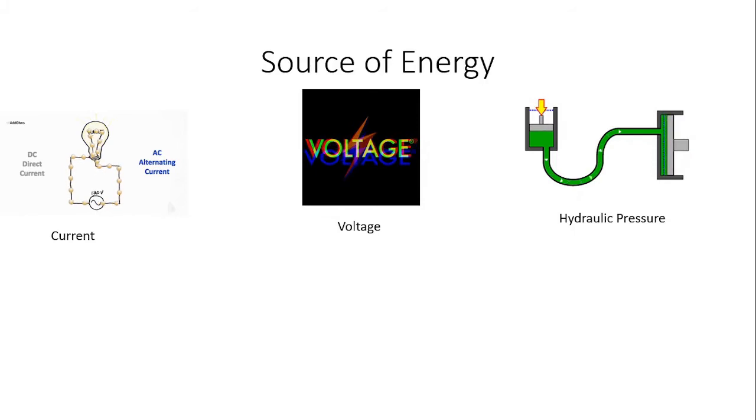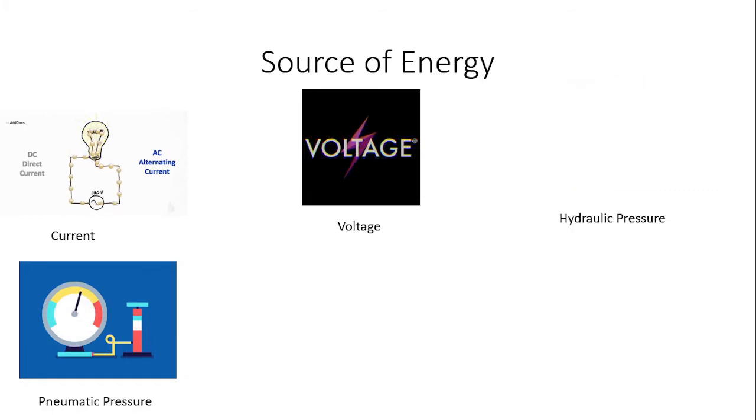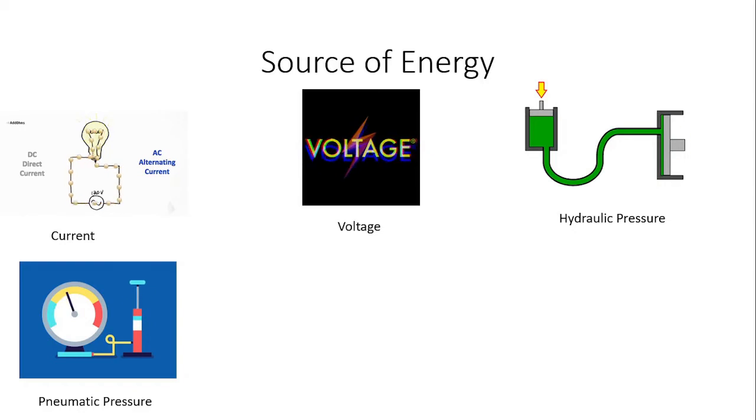From this also we can remove the workpiece material, as in water jet machining. And then pneumatic pressure: we utilize compressed air also. From this we can remove the material with a mixture of abrasive material with the air. From this we can achieve a good surface on the workpiece material, which is known as pneumatic pressure.